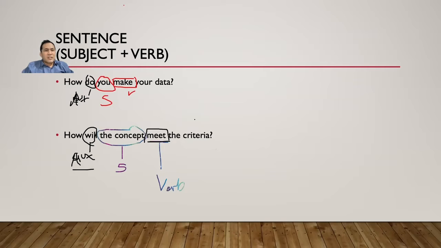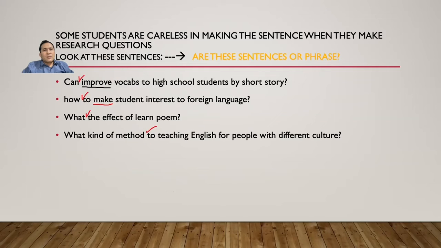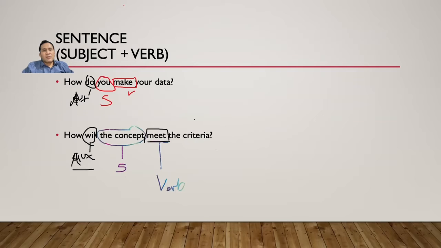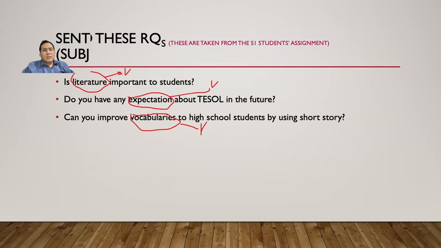This is a complete sentence, right? You have the auxiliary, the subject, the verb, and so on. How will the concept meet the criteria, and so on. But if you write, for example, how to make students interested in foreign language, this is not a complete sentence. Usually students miss some auxiliary words, so you have to be careful when you want to make questions.